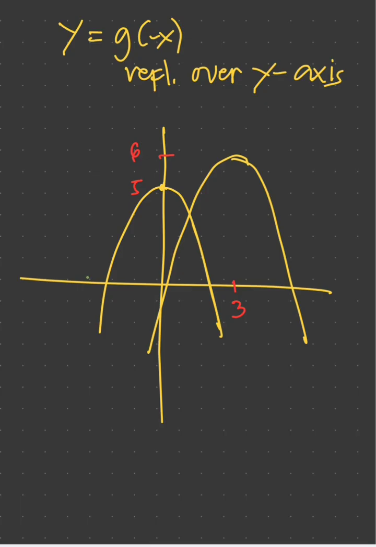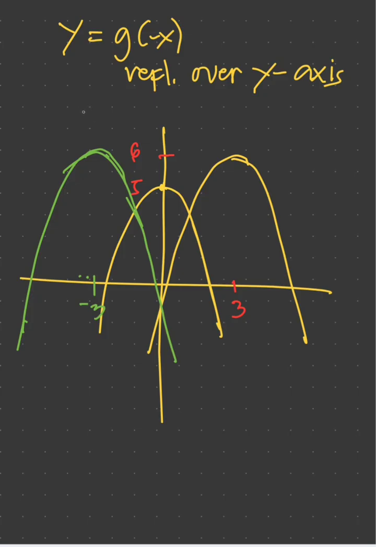Let's say negative 3 here. So our graph would be somewhere here. The same value of y, but different value of x.